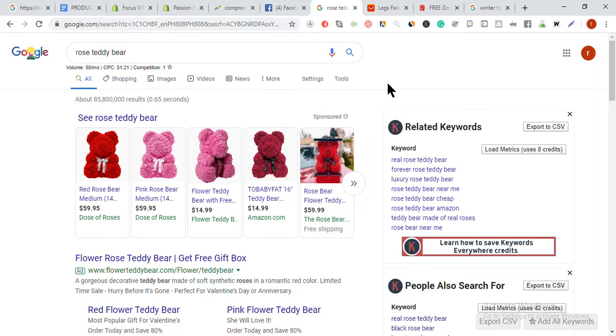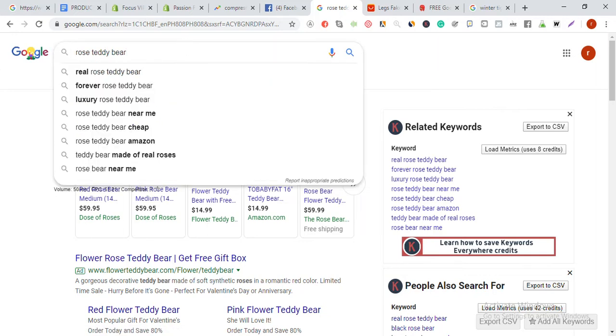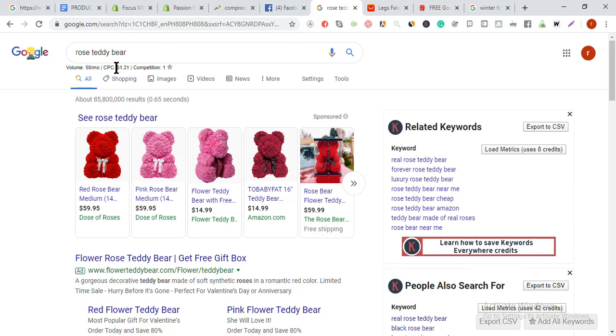Is that like the one below the search bar? It's showing volume and CPC, yes. But sometimes it goes up, it goes down. You can't really rely on the CPC, because we might think that I just need to spend this much to target this keyword, and then I'm going to get a sale.